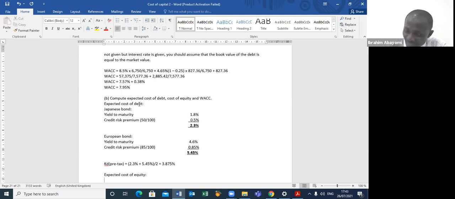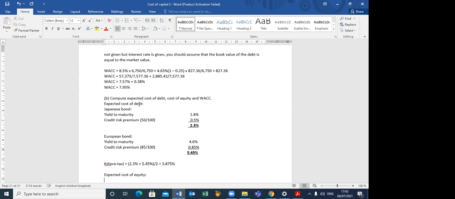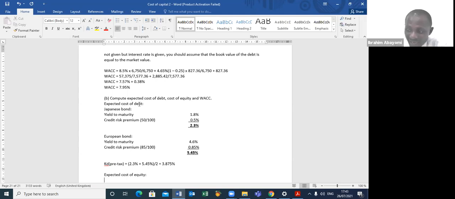Now, it means that this 1.5 equity beta that the company currently has is measuring the business risk of Jupiter and the financial risk of Jupiter when Jupiter is having 400 million debt.